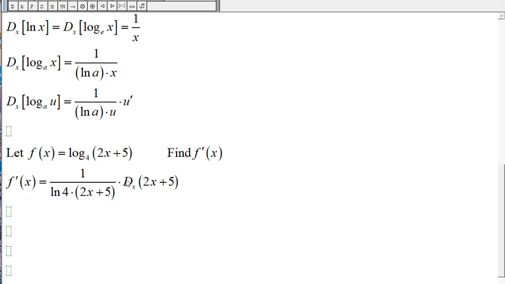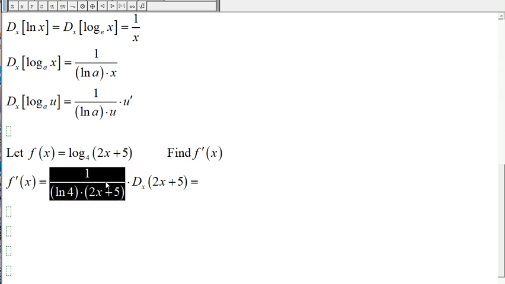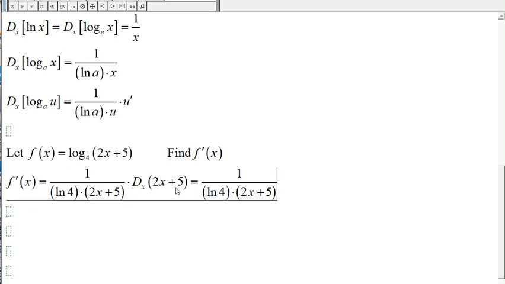That's how we use the chain rule. The derivative of 2x is just 2, and so the answer will be written like this.